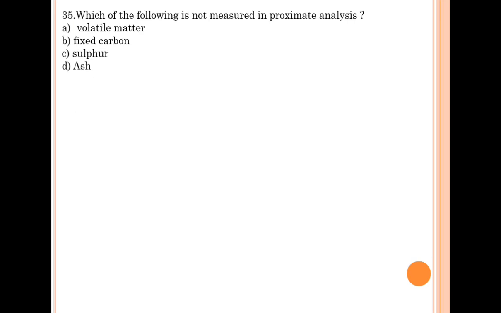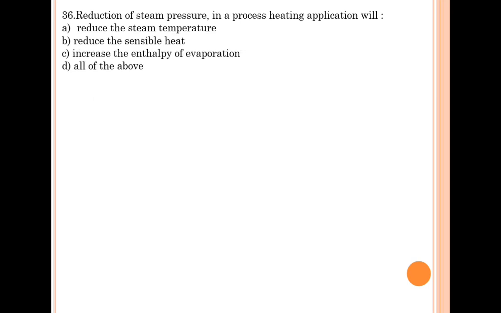Which of the following is not measured in proximate analysis? From the proximate analysis, we normally measure the moisture, fixed carbon, ash, and volatile matter. So from these options, sulfur is normally measured from the ultimate analysis. So here the answer is option C, sulfur.